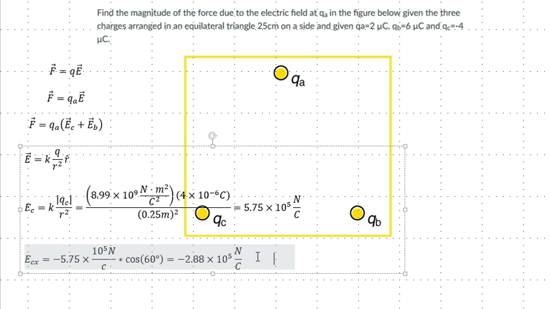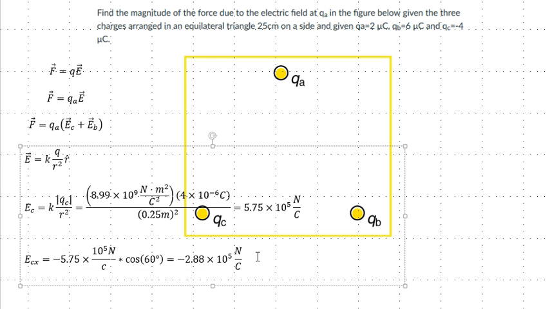If we want the y component, we've talked about that already. Again, the y component was pointing down. The y component is minus 5.75 times 10 to the fifth newtons per coulomb times the sine of 60 degrees.